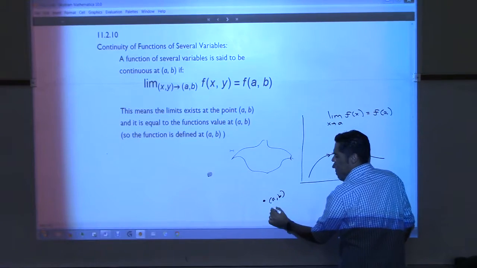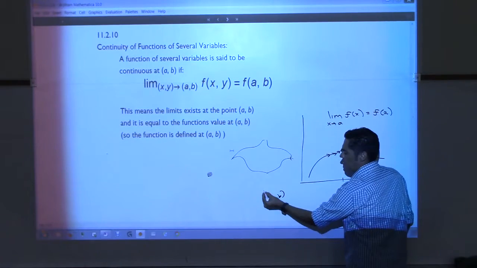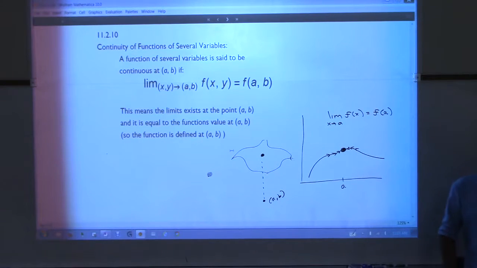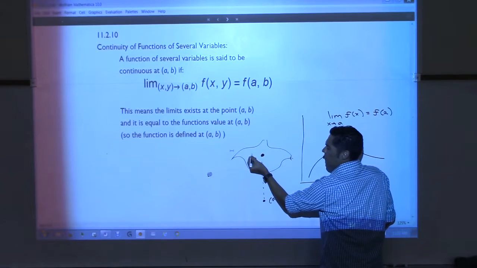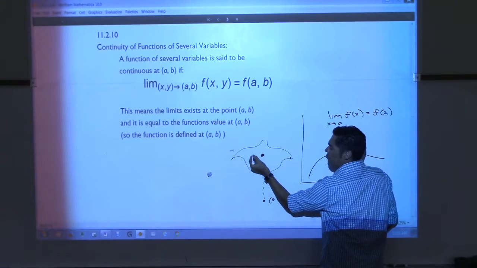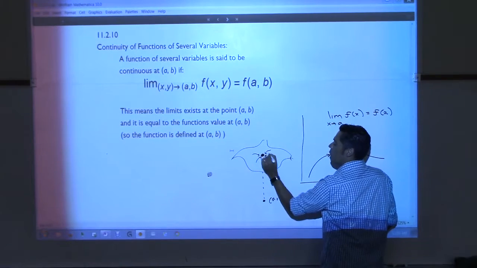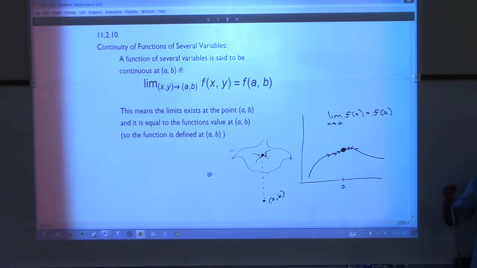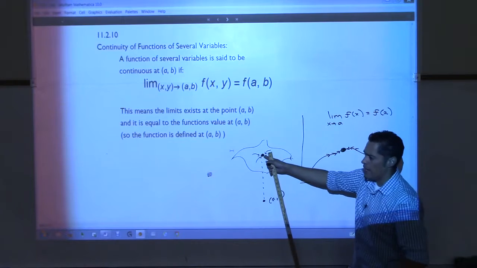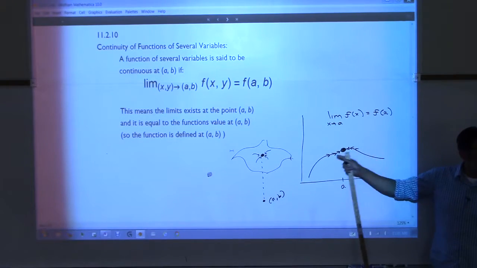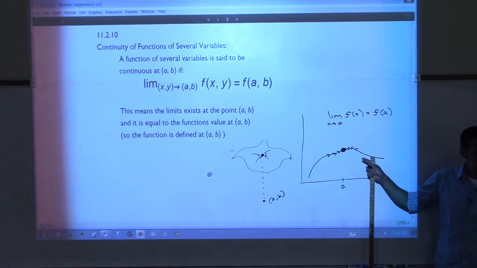That's the domain down on the ground. That point gets plugged into the function, and you get this point up on that surface, right? To be continuous means that the limit exists and it's equal to the function's value there. So as you approach that point on the surface from any path, the limit exists and it's equal to the function's value there. So you don't have a hole in that surface. You see the similarity here? Any questions on that? Okay.